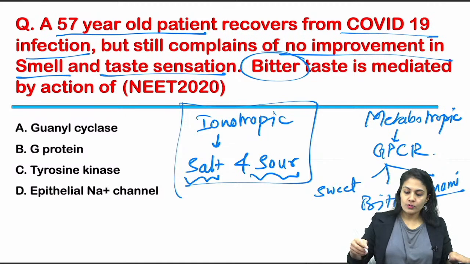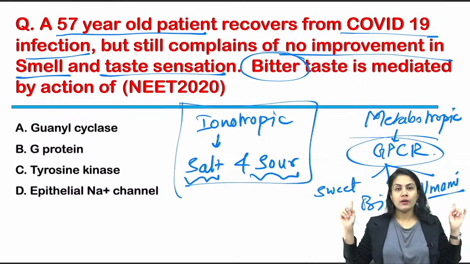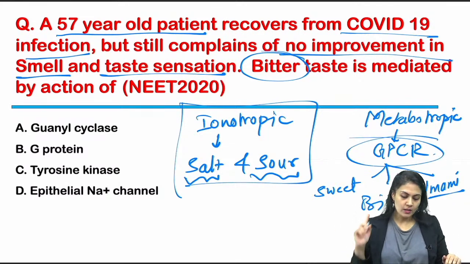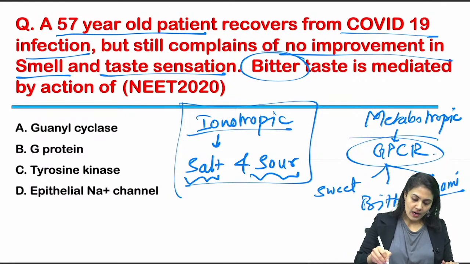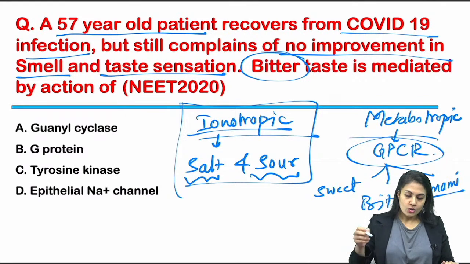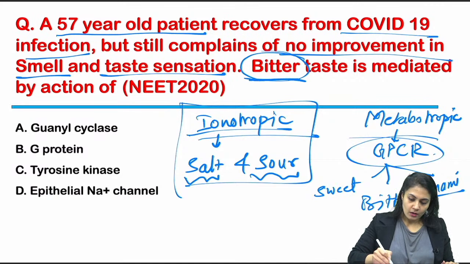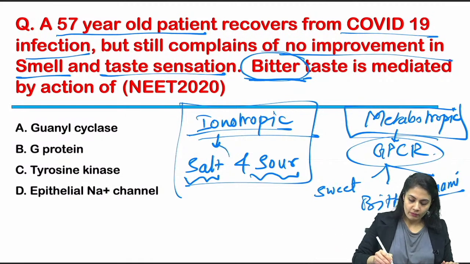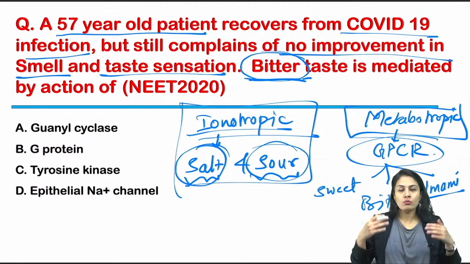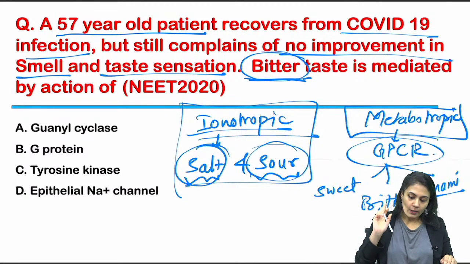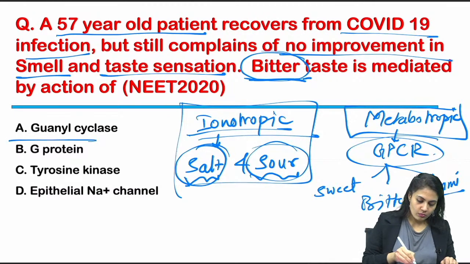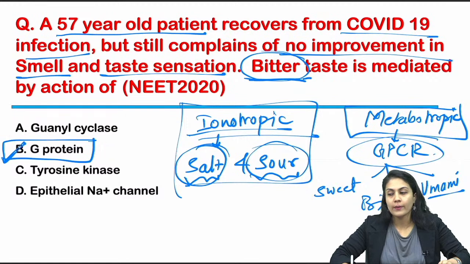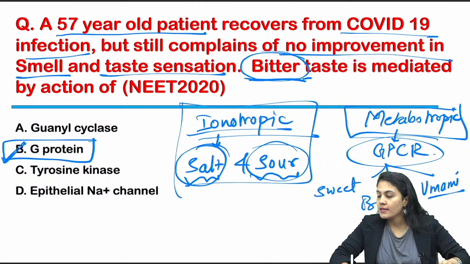All of them are going to act through the GPCR protein and they are going to be metabotropic. So they are asking bitter, that is going to come in the metabotropic. If they would have asked about salt and sour, that would have been ionotropic. We are talking about GPCR protein, so that is not in the option, but the G protein is nothing but the GPCR that we are talking over here, right? So the answer is B.